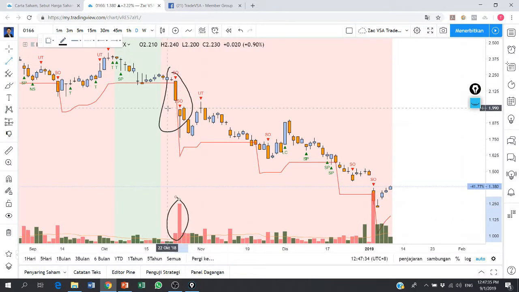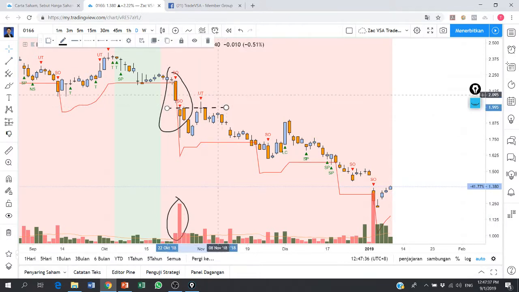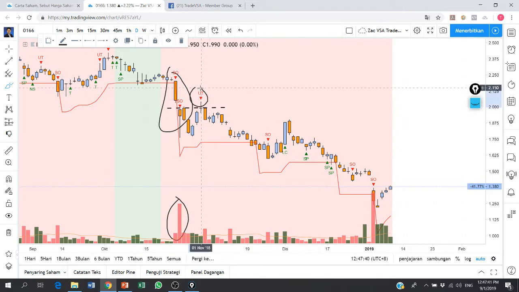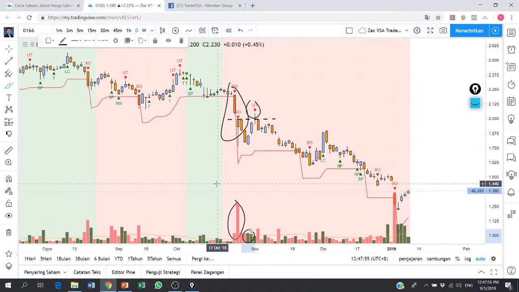Then we have this upthrust at resistance, and all these up bars come with very, very low volume. Again, this is the indication telling us that smart money is not interested at all.